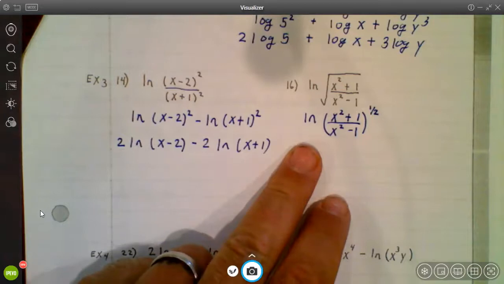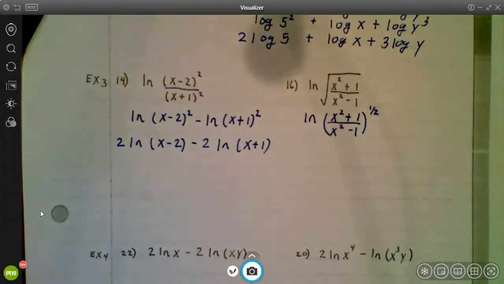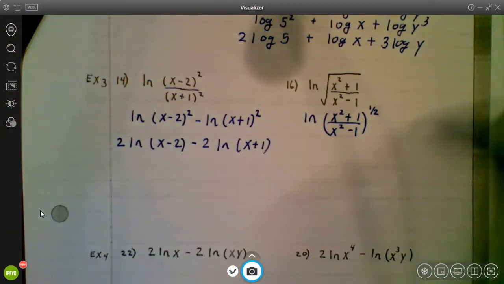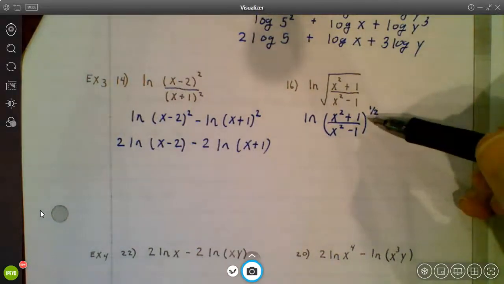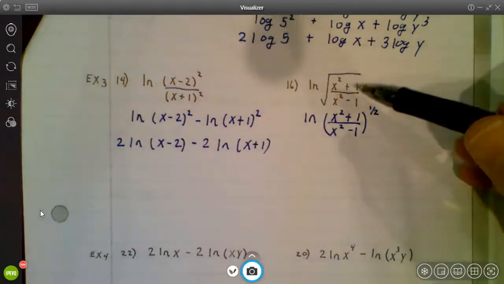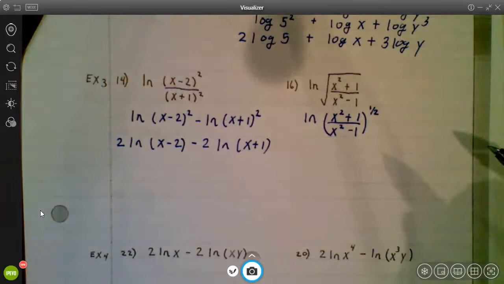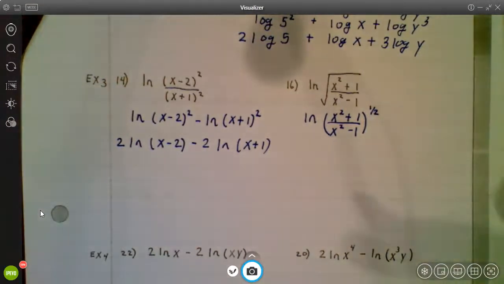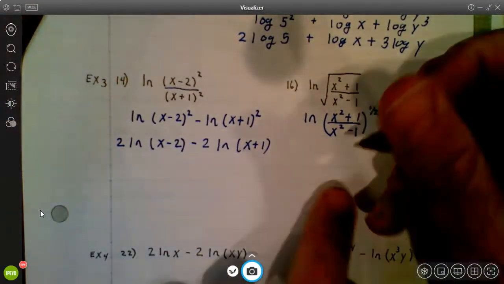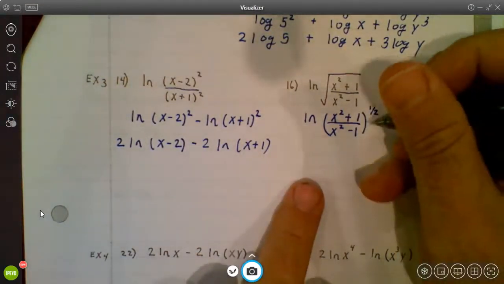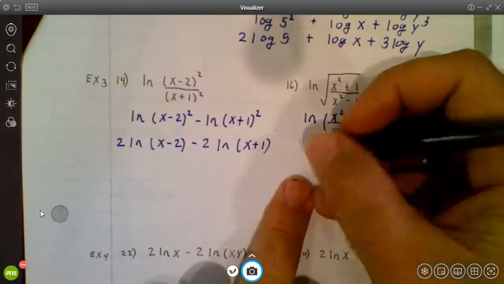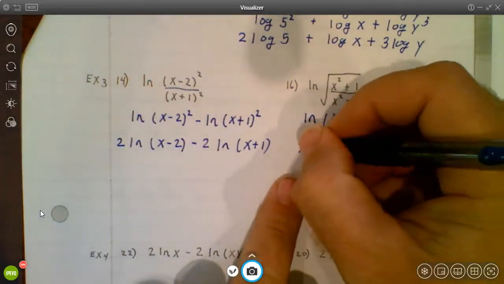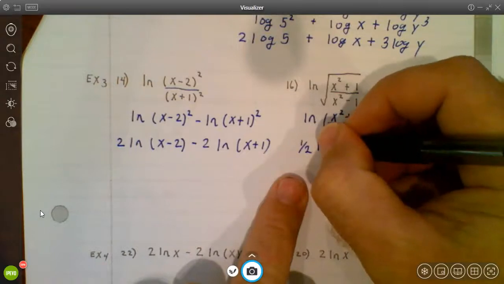All right, so here's what's different about this one than the example that I just did a minute ago. This 1/2 belongs to the top and the bottom, right? Because of the way it was given to us, not just the top. So I have to make sure when I separate these that I understand that this 1/2 belongs to both logs. So 2 ways you could write this. I could either say, let's separate these into 2 logs.